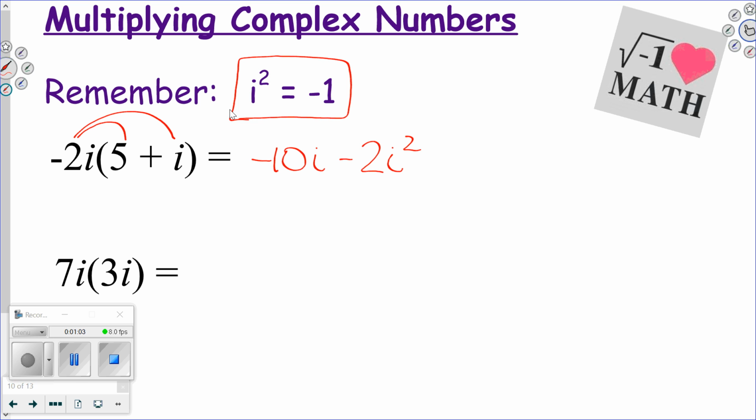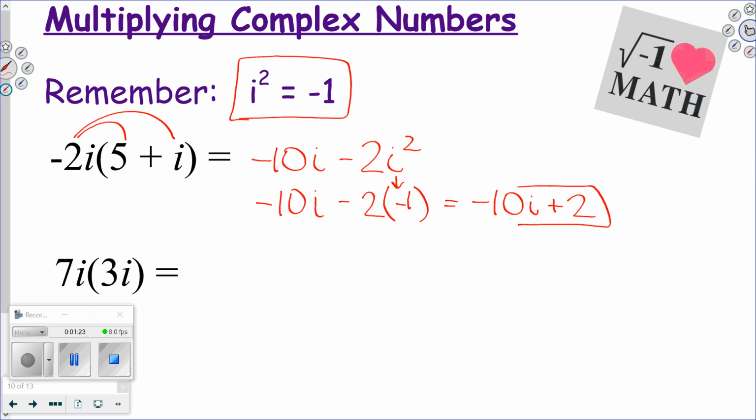So I can actually rewrite this, and instead of i squared, I can replace that with -1, because that's what i squared is equal to. So what's -2 times -1? Good. There'll just be a +2. And then I am finished.